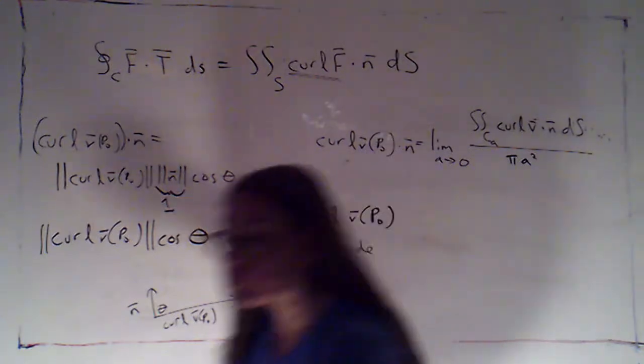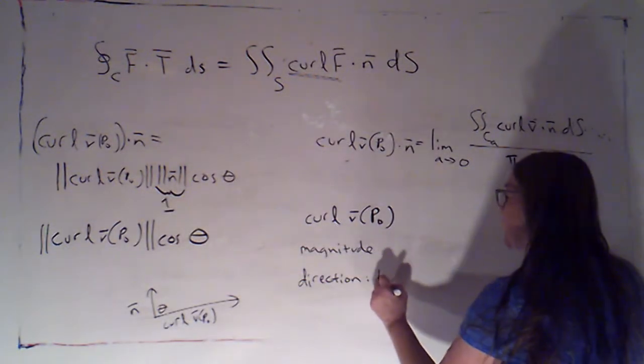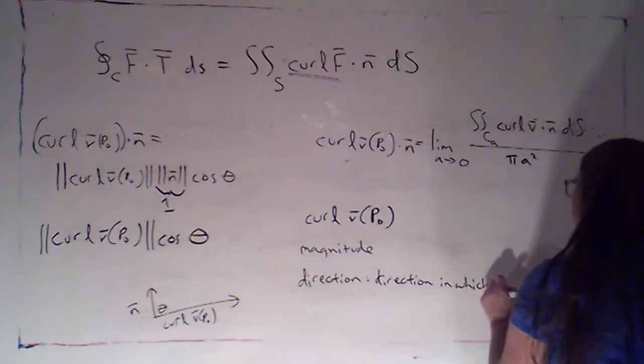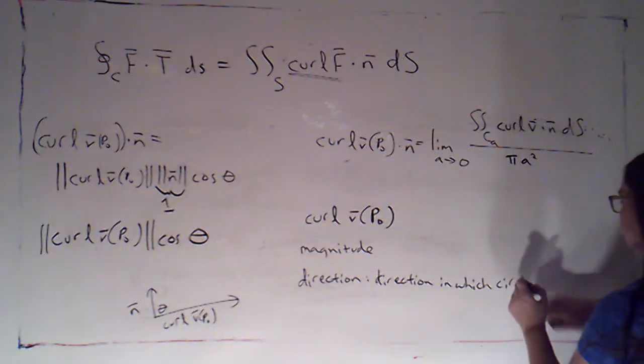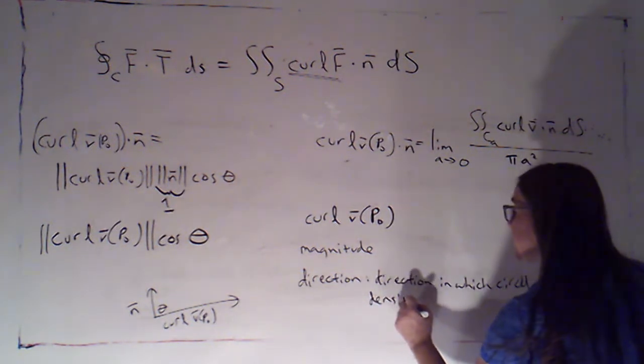So what the direction is, this is the direction in which circulation density is maximized.